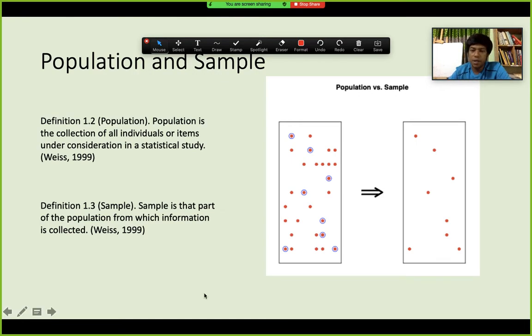And sample. Let me give you an example. Suppose we want to study how many students in AOW like to have a burger at lunch on a specific day, let's say Friday. So for Friday lunch, how many people like to have burgers?